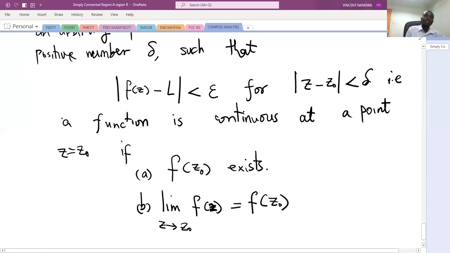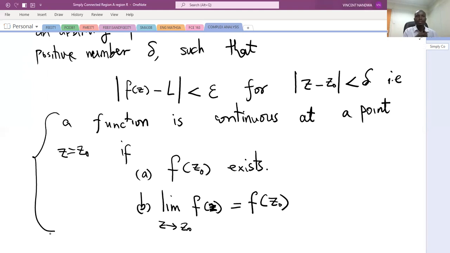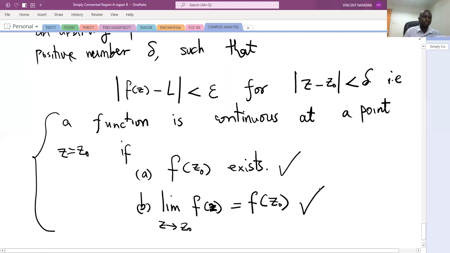So actually, this is the most preferred definition for continuity: a function f of z is continuous at a point z equals z naught if these two properties are satisfied: f of z naught exists, and the limit of the function as z approaches z naught is the same as the value of the function at the point z naught.